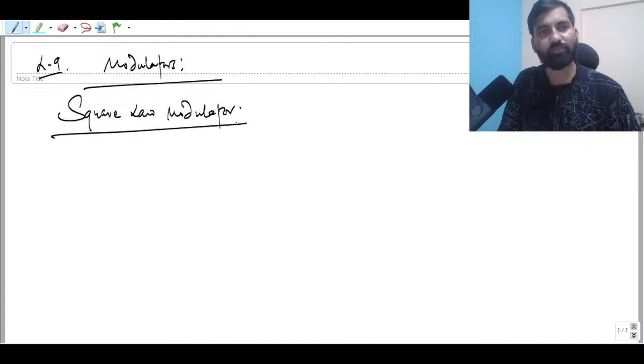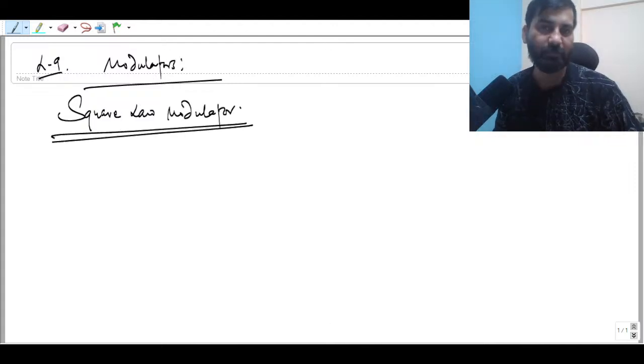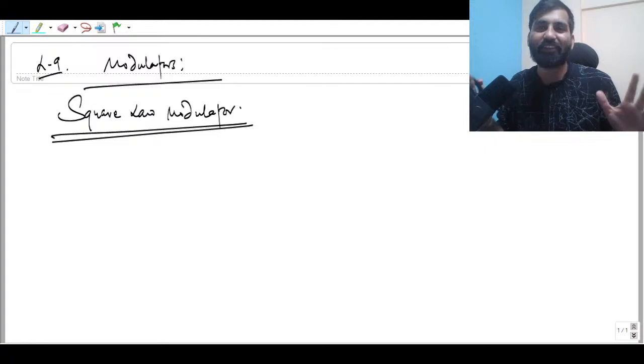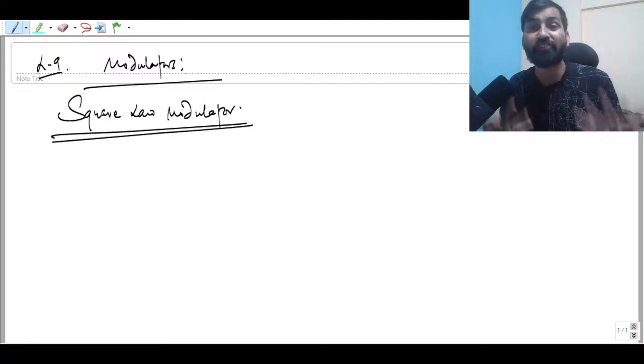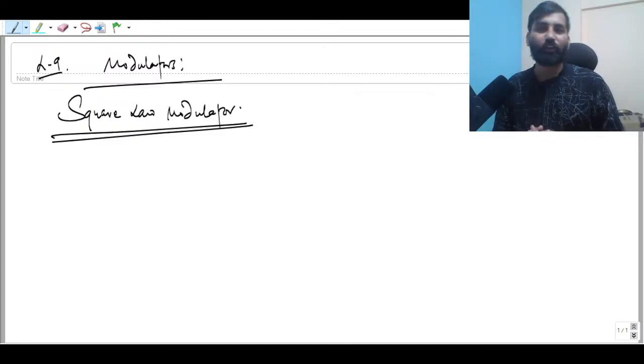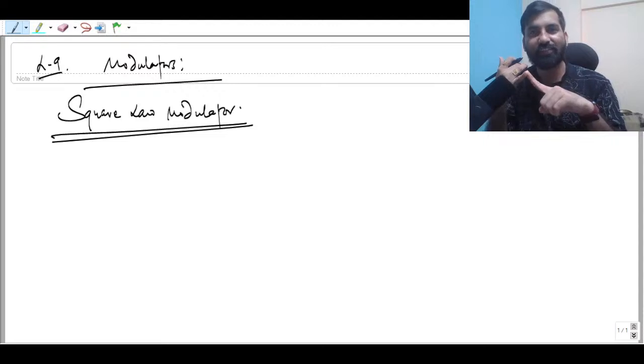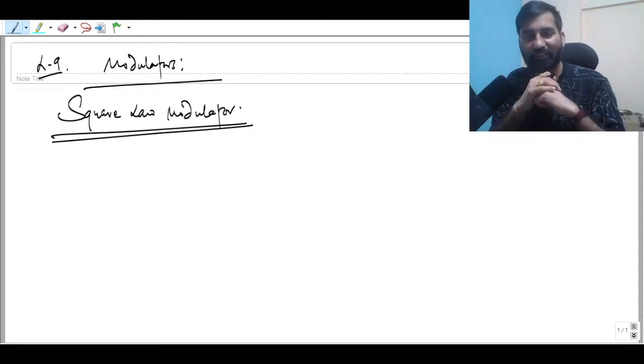So what is this modulator, guys? A modulator is nothing but a device which is going to modulate the signal. I think everybody is by now familiar with the meaning of modulation, and we are talking about amplitude modulation. The amplitude of the carrier is changing according to the message signal. That is the reason we call it amplitude modulation.